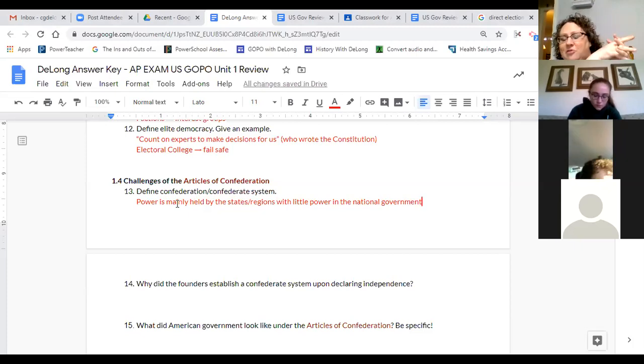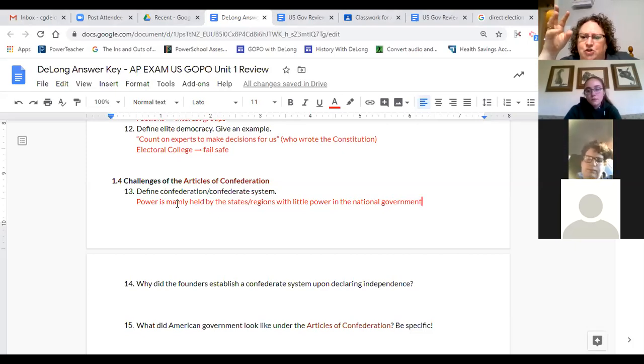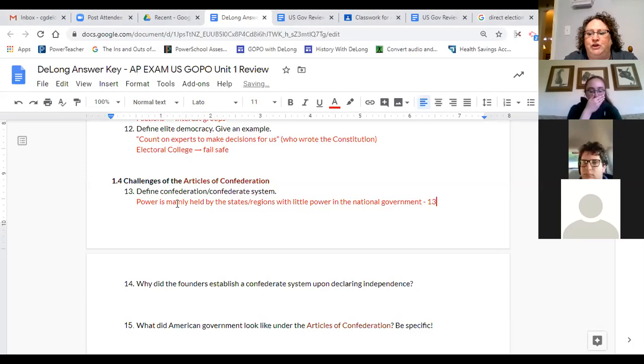And think about this, we're doing US government right now, not comparative. So we're not talking about nation in the sense of England being a nation. We're talking about the UK. So with little power in the national government, they would come together for issues of attack, like if somebody foreign is attacking the country. But the majority of the decisions are being made by your regional governments. So this would be your 13 original states.